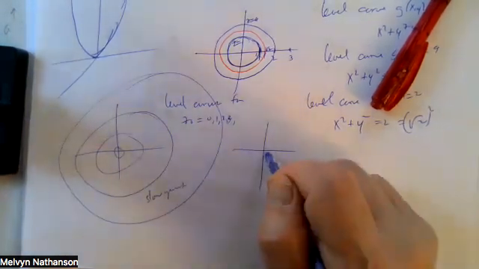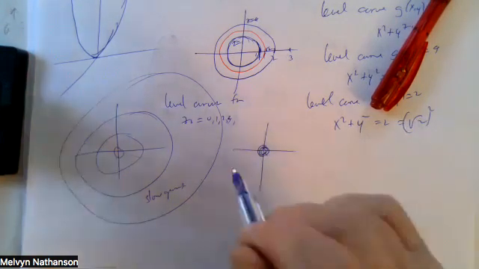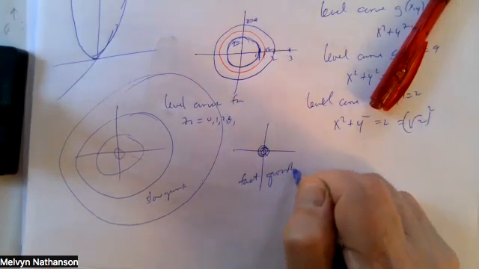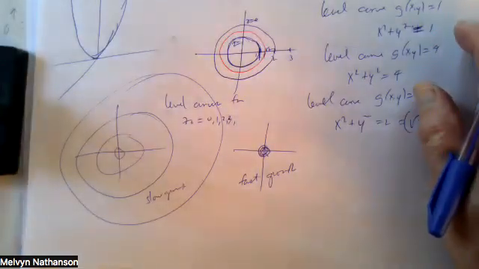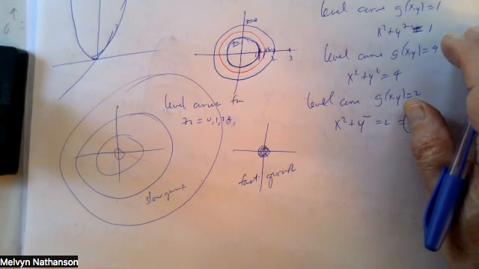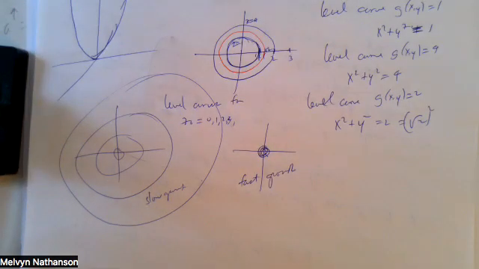If your level curves look like this, it means as you go a small distance, you're going up a lot. So this is fast growth. So looking at how densely packed or far apart separated your level curves are tells you something about how quickly your function is increasing or decreasing.